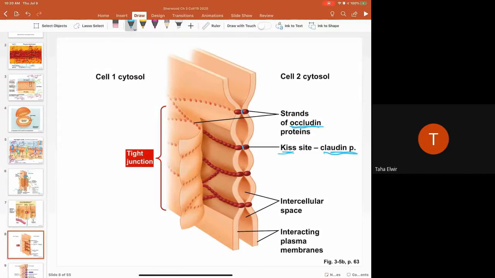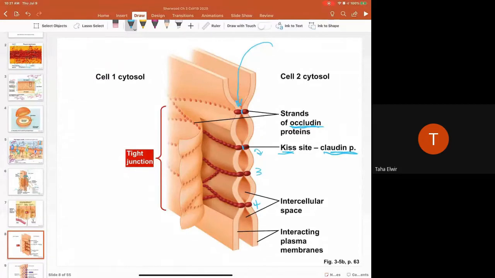So if your tight junction number 1 breaks down, you've got 2, 3, and 4 that will prevent things getting in. If the second one breaks down, you've got 3 and 4. If 3 and 4 break down, then something's going to go right past this tight junction and go between cells.